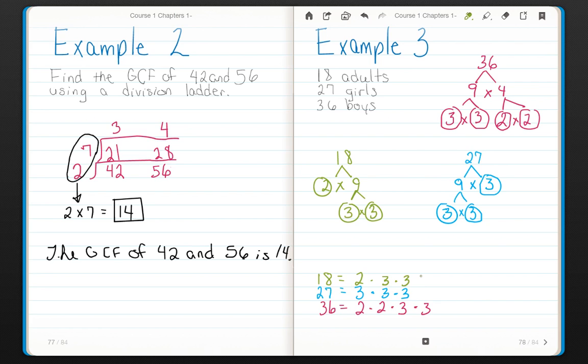So now that you have the prime factorization, now you're going to identify the common factors.